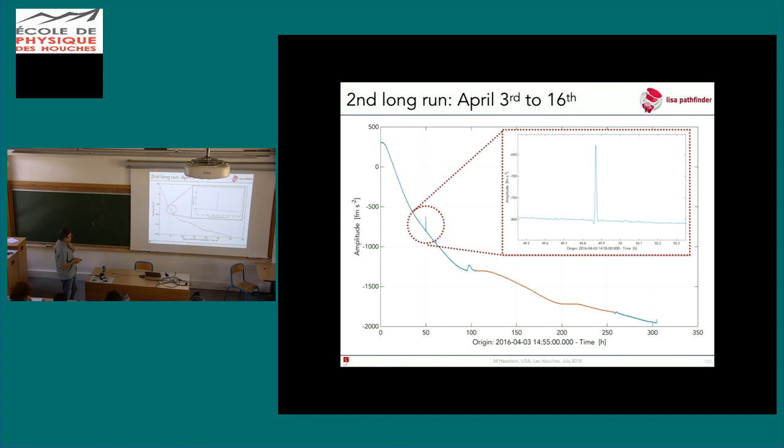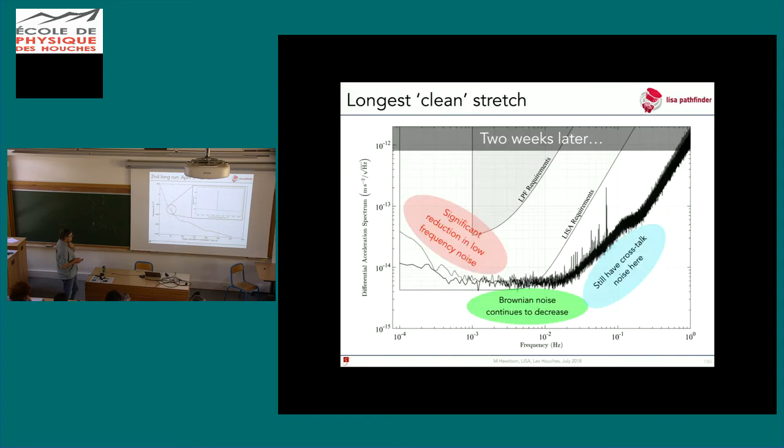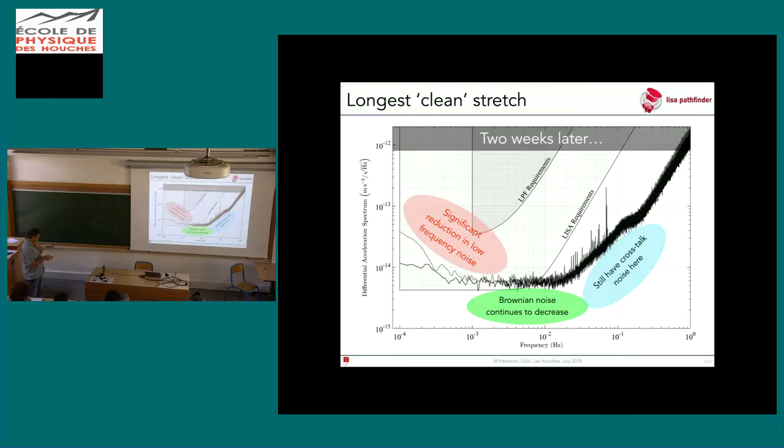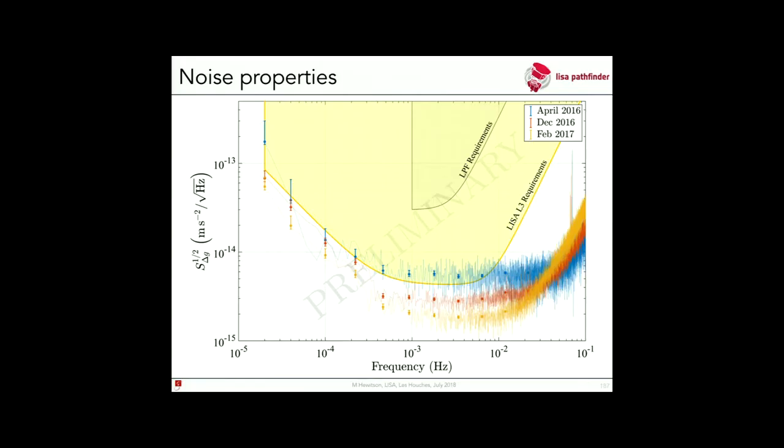So we don't know what this is yet. These are an issue. We can talk about that later. But if you look at the quiet piece in the middle there, we are significantly better than we were 2 weeks before, but we hadn't really done anything. Okay, so that's always a little worrying when your system is changing and you haven't done anything.